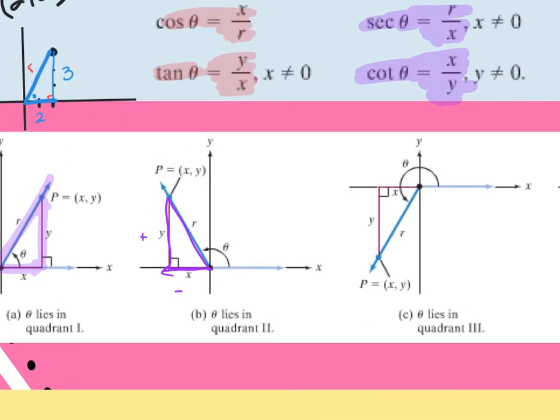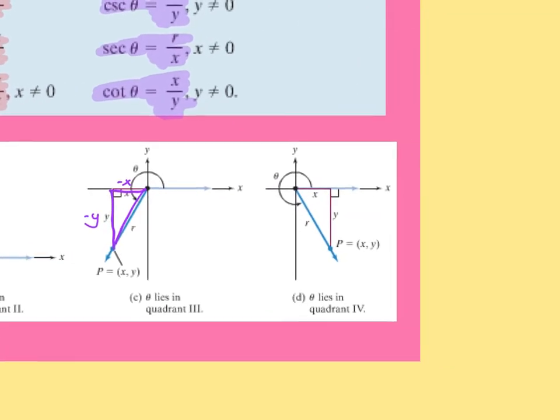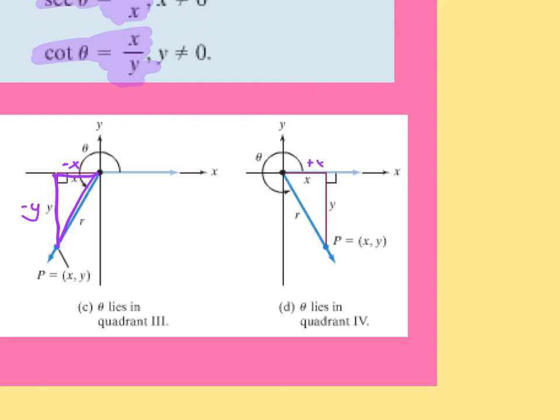If they are both negative, so I'm moving left and I'm moving down, the angle is in the third quadrant. And if it's positive x and a negative y, now my angle would end in the fourth quadrant. So all the rules of our x and y still apply like they normally do. You're just moving around your quadrants almost in that circular pattern.